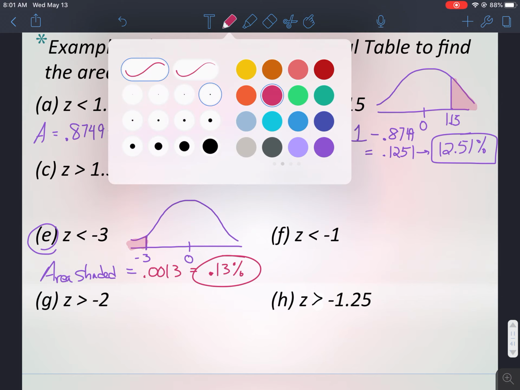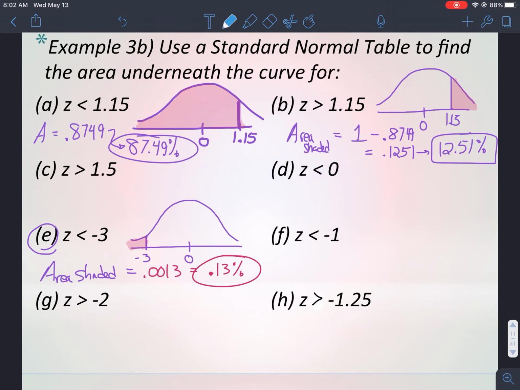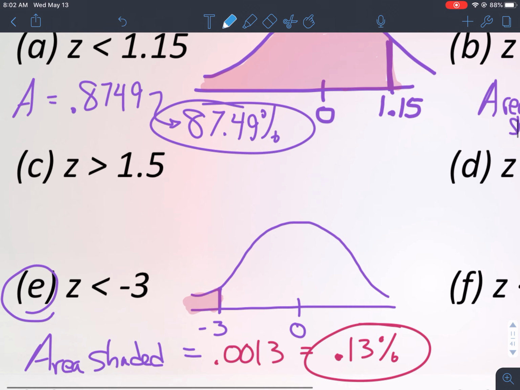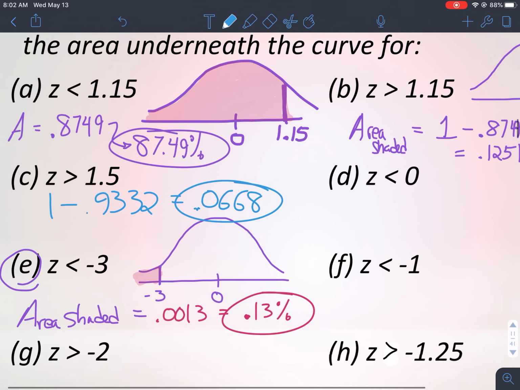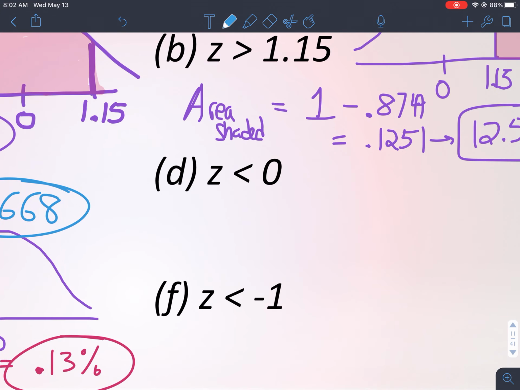Okay, here's what you should have come up with. For part C, this is going to be greater than, so 1 minus 0.9332. So the answer, 0.0668. Part D, it's right at the mean, so that's going to be half.